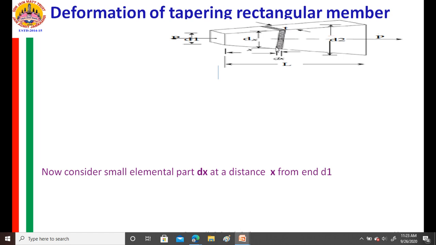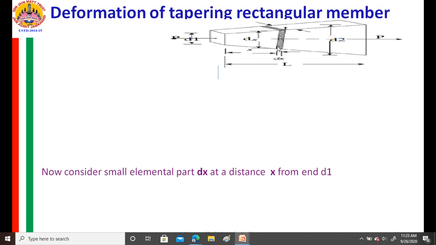Length is dx and depth at any location is d subscript x. You should have a clear idea of what is this dx and this d subscript x.